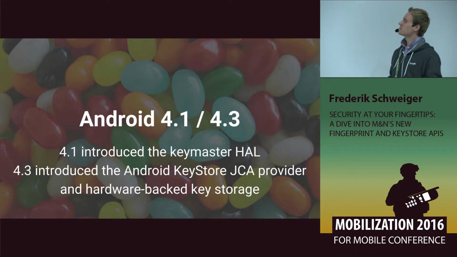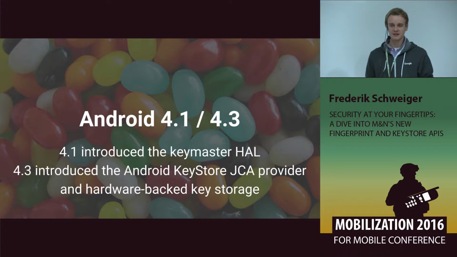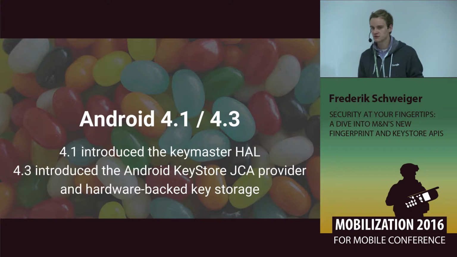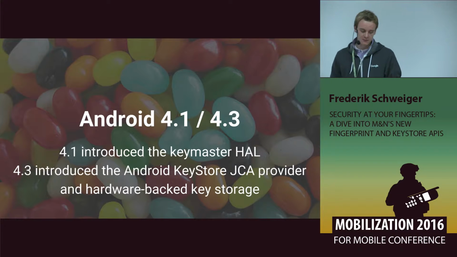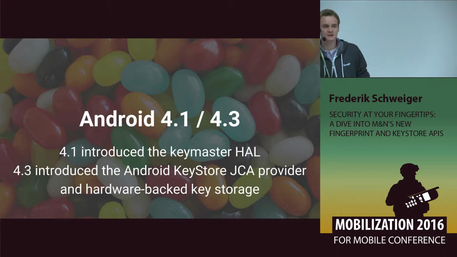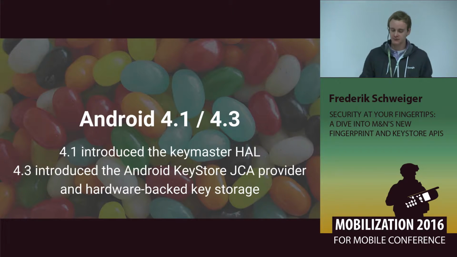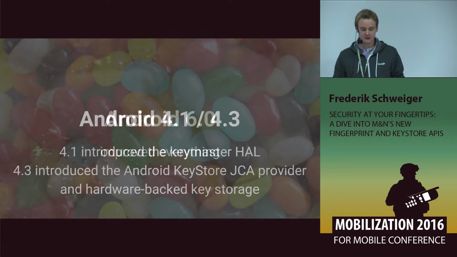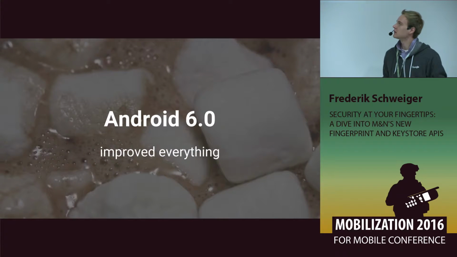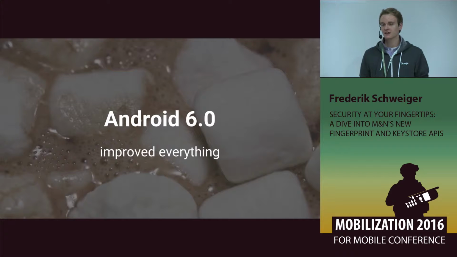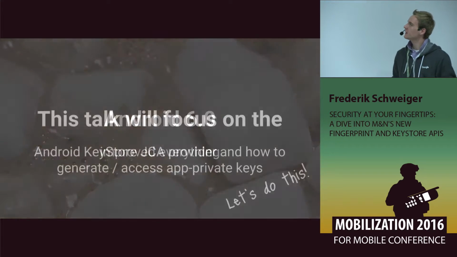Unfortunately, the implementation in 4.3 was not that clear, because when the user changed the lock screen pattern or something like this, the data got invalidated and was not able to be used anymore, and there were some weird behaviors there, so I think it never really worked in production that well. So they finally changed everything in Lollipop and Marshmallow, and again in Nougat. And that's what I want to talk about today.